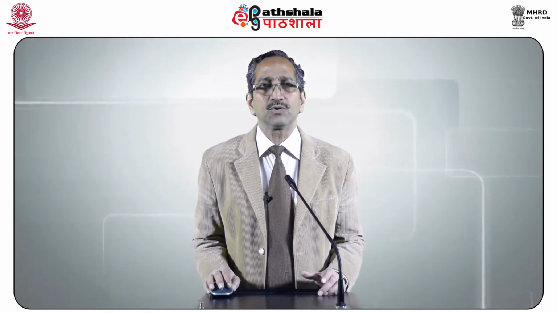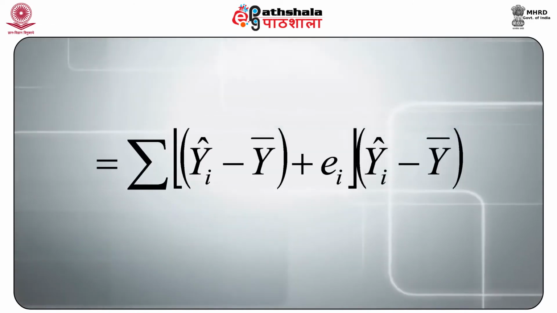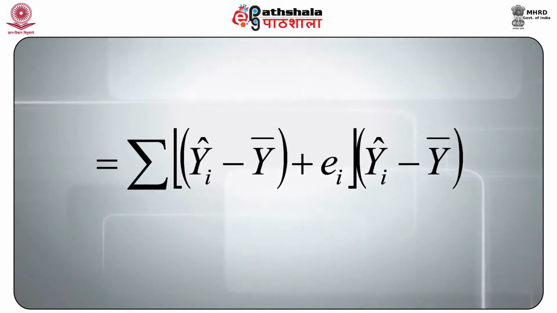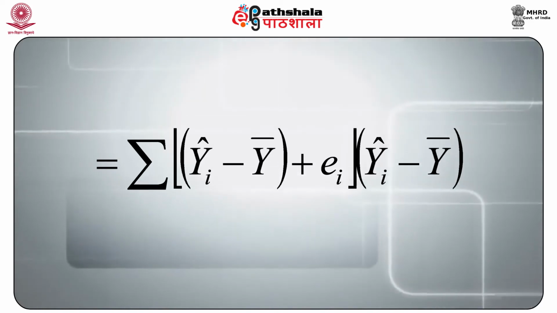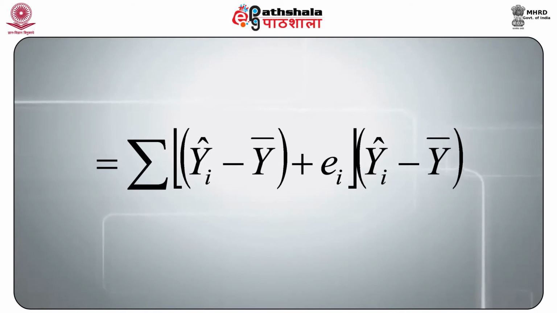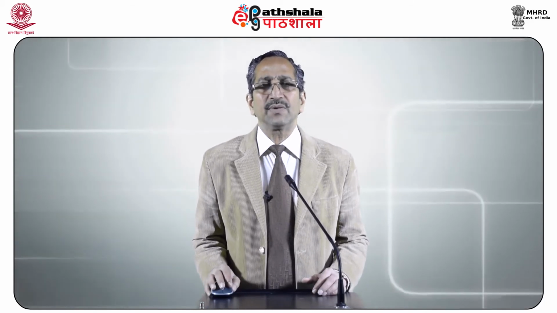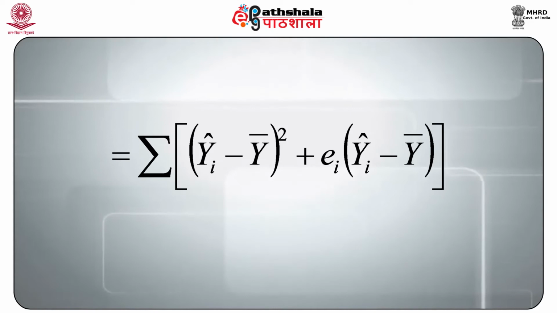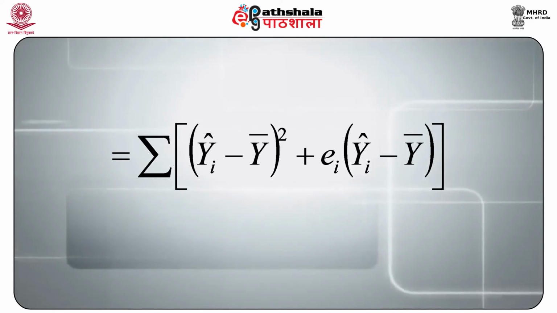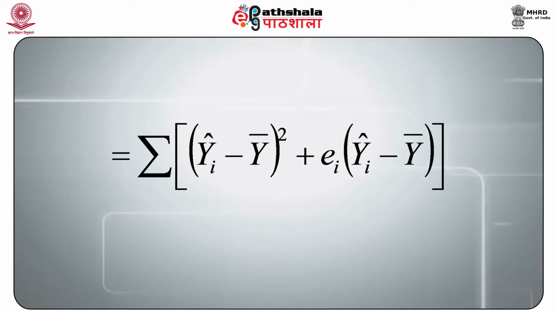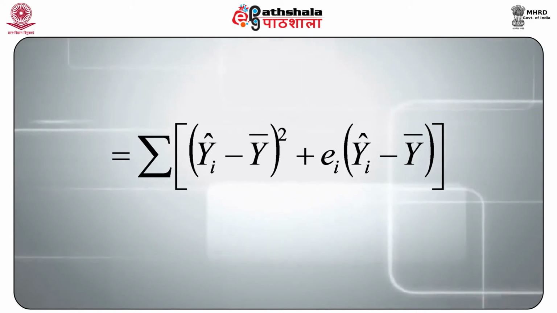Multiplying them together, we obtain summation of yi hat minus y bar plus ei into yi hat minus y bar, with the summation outside both these terms, which is equal to summation of yi hat minus y bar square plus ei into yi hat minus y bar. Again, the summation is outside both these terms.